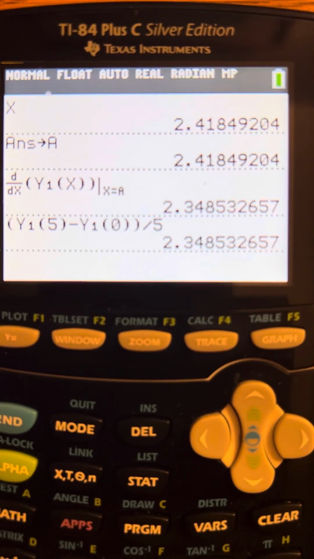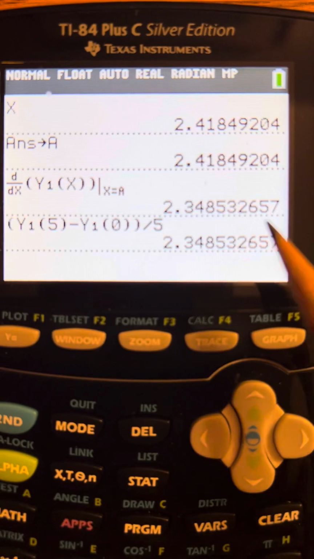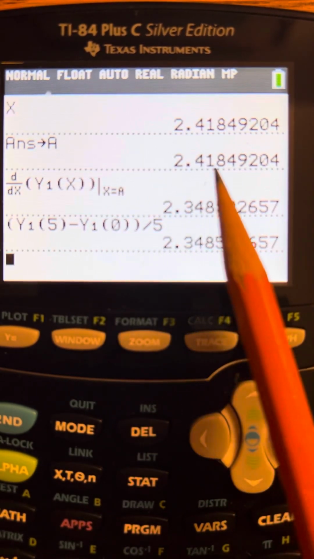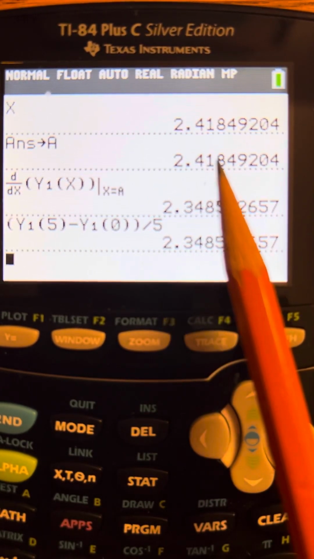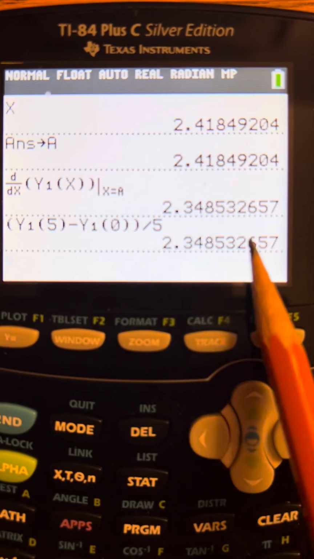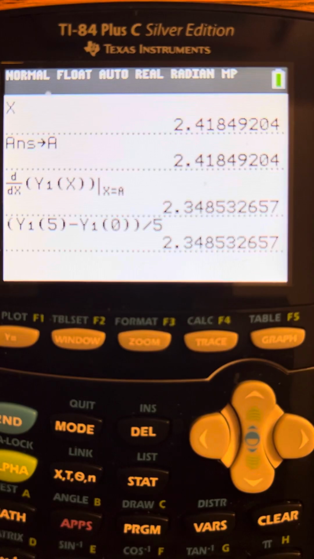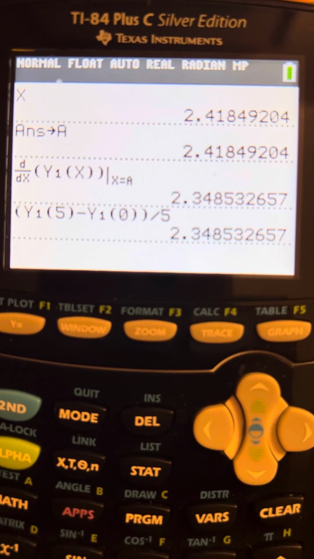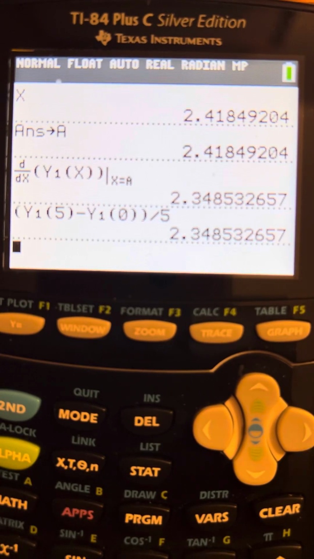Oh, good. So that tells me that my derivative at this point is equal to the slope of the secant there. And that's probably the most efficient way of using the solver key in conjunction with the derivative to find an x value or c value satisfying the mean value theorem.